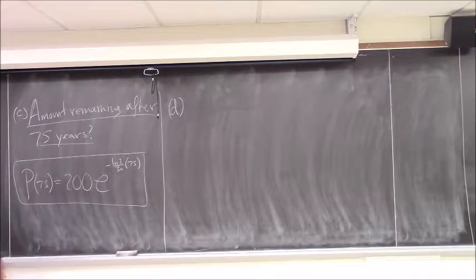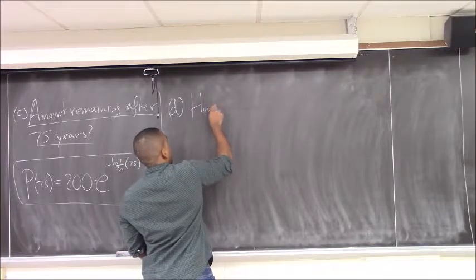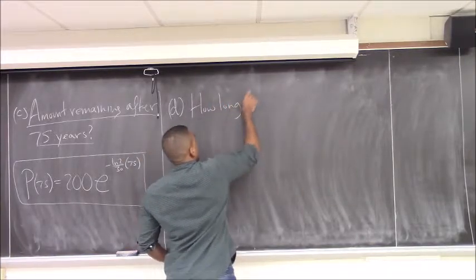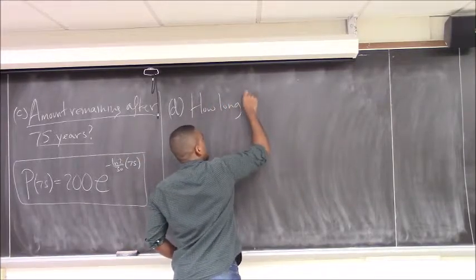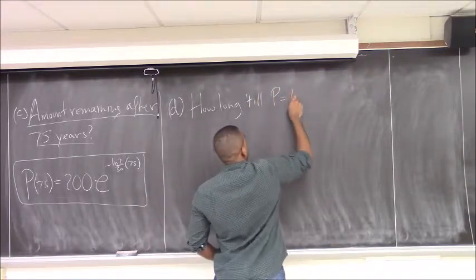After how many years will the mass be reduced to 1 milligram? Would it be 1 on that side and then you try to find time? Yeah. So you're asking how long till P equals 1?